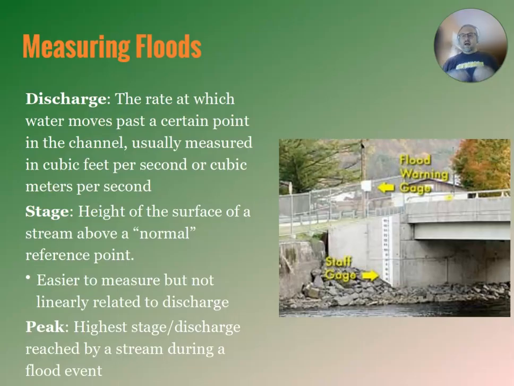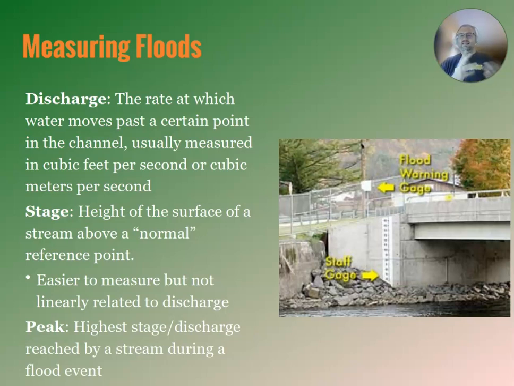If you think about the same volume of water going through a valley that is very broad and wide, that's only going to raise the stage a little bit because that water is spread out across a really wide valley. If that same amount of water flows through a valley that is very steep and narrow, like a little canyon, that's going to raise the stage a whole lot because there's not a lot of room for that water to go. It has to pile up vertically.